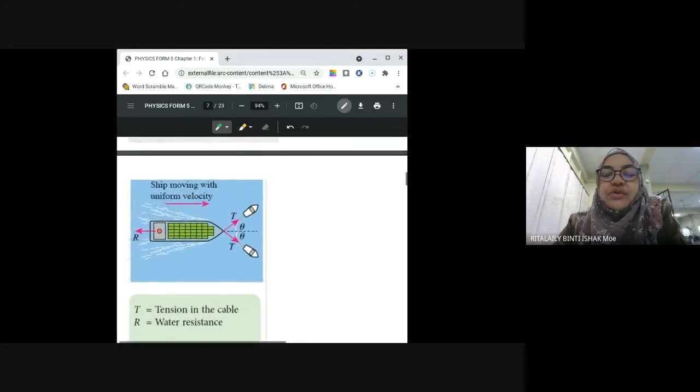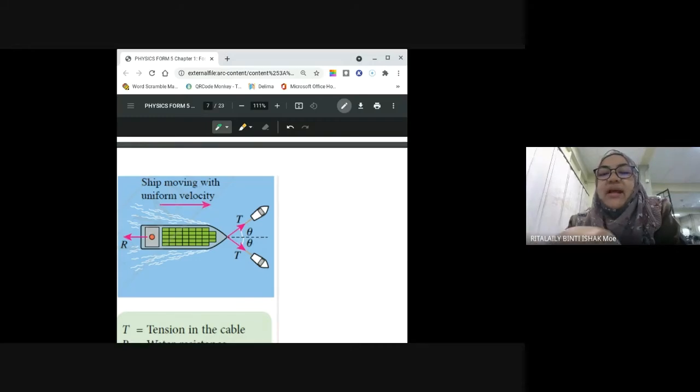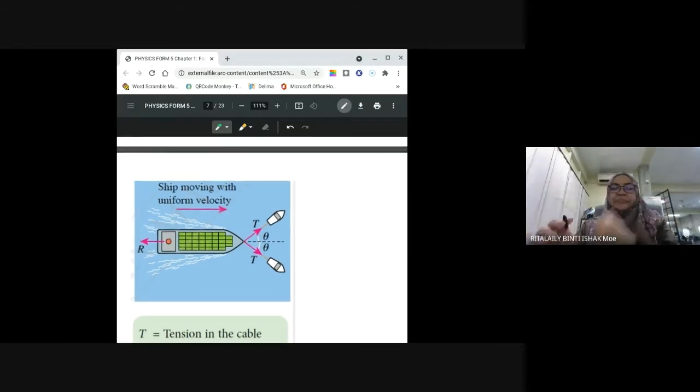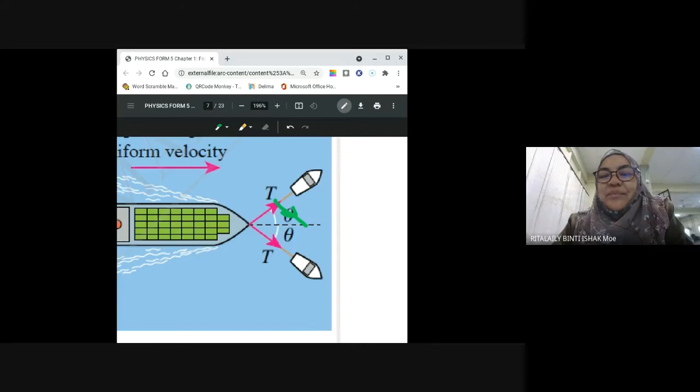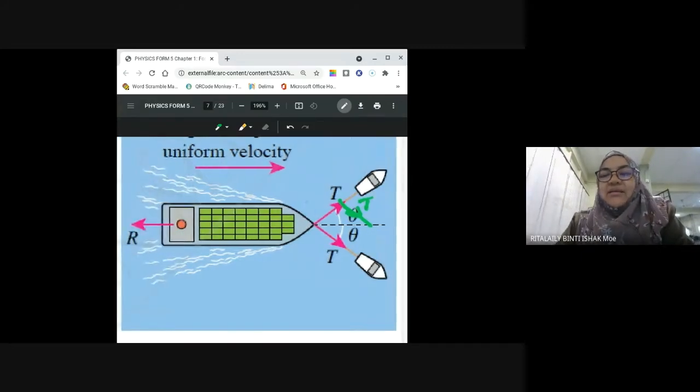So firstly, I'm going to show this in the diagram itself. So let me draw this T here. You can't see it. Let me draw this T here. Still can't see. Okay. And then look at R. R is this direction.